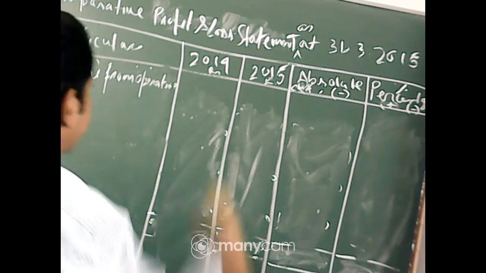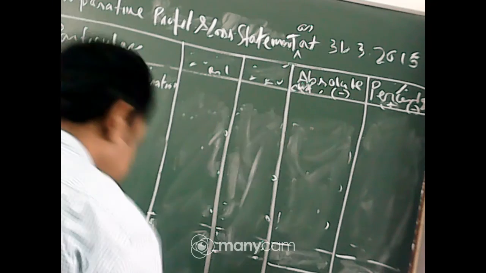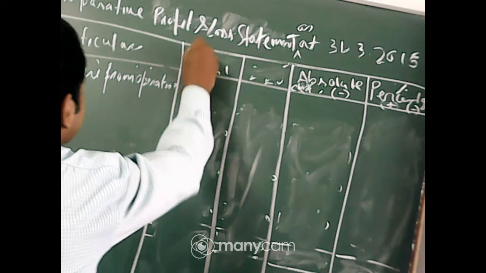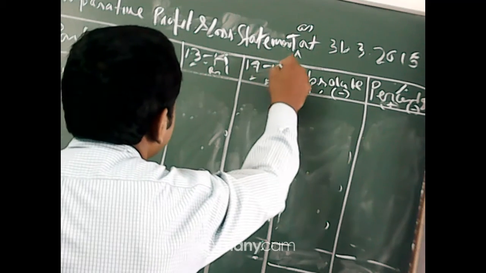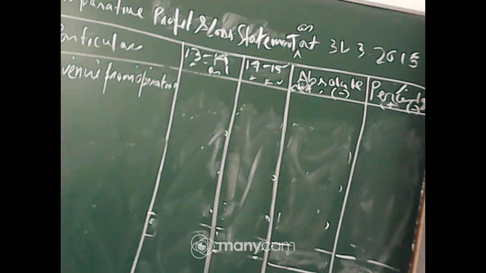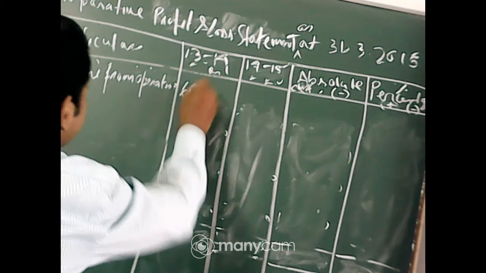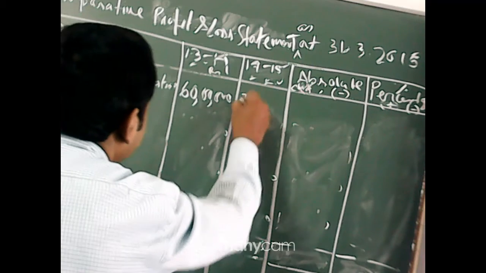This is the April to March figure. So the last year figure is 13-14, and the current year figure is 14-15. Revenue from operation given in your question, just write it from your question, that is 60 lakh and that is 75 lakh.